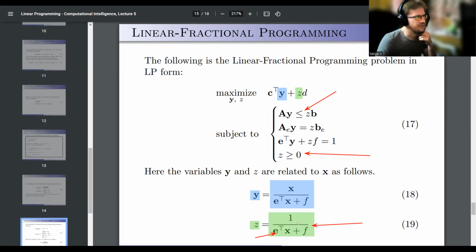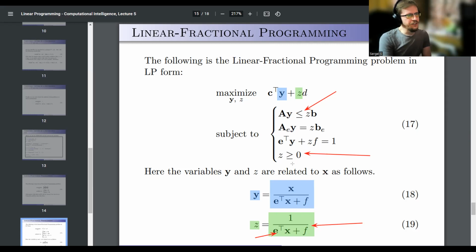Sorry, I got carried away. We just assume that this guy is positive. We do want this denominator to never be close to 0. That is true.